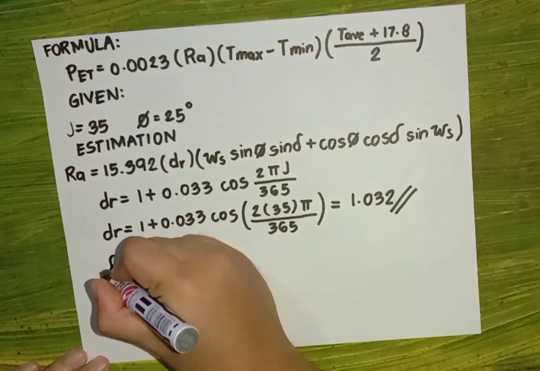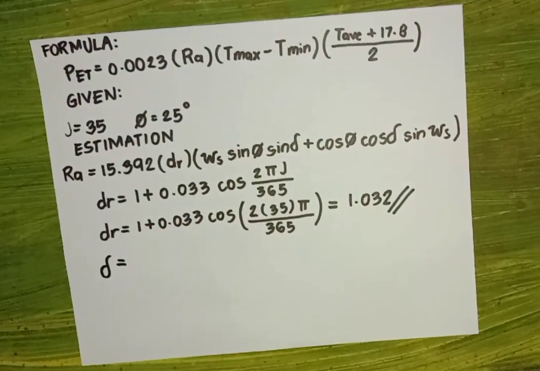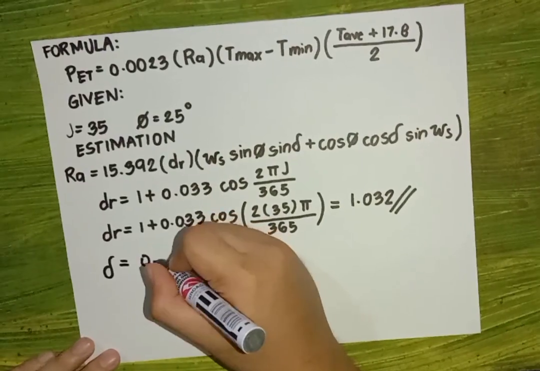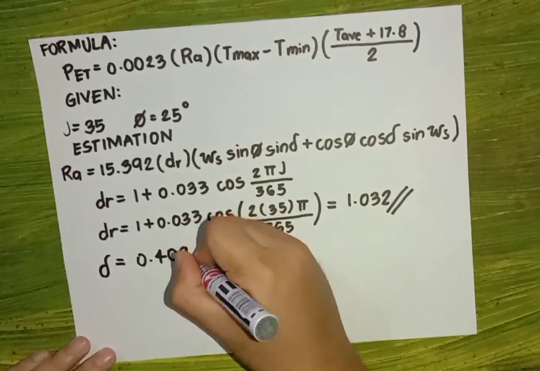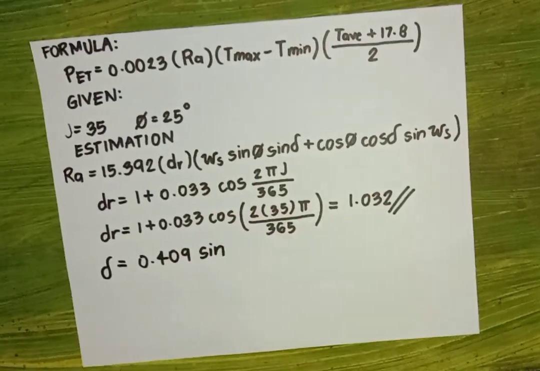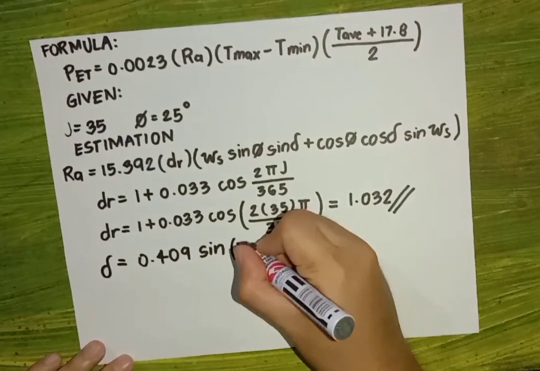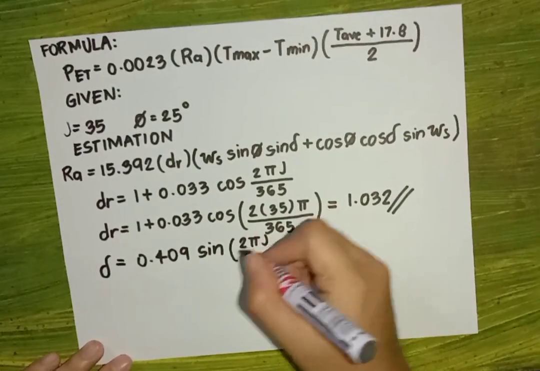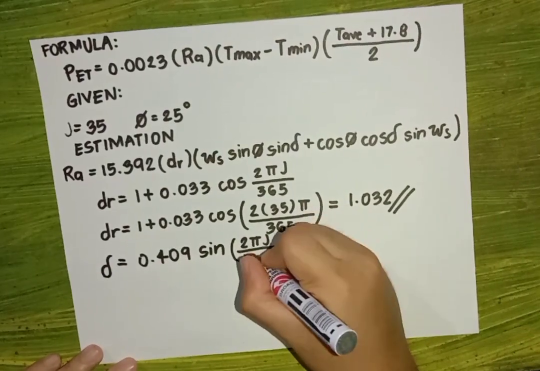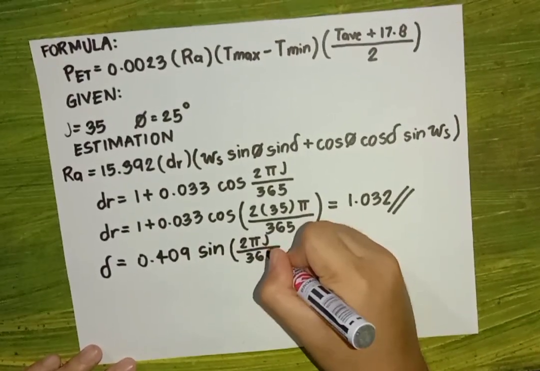To get the value of our delta, it is equal to 0.409 sine 2 pi times J over 365 minus 1.405.